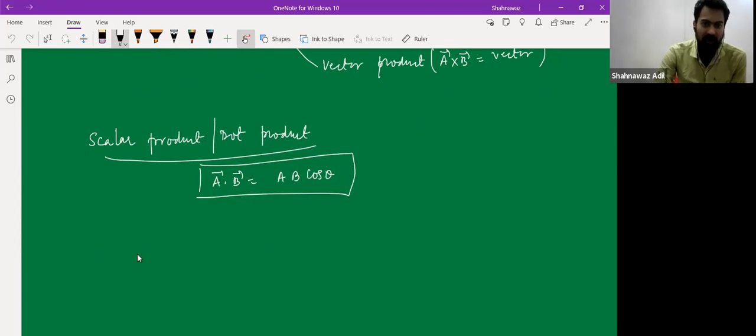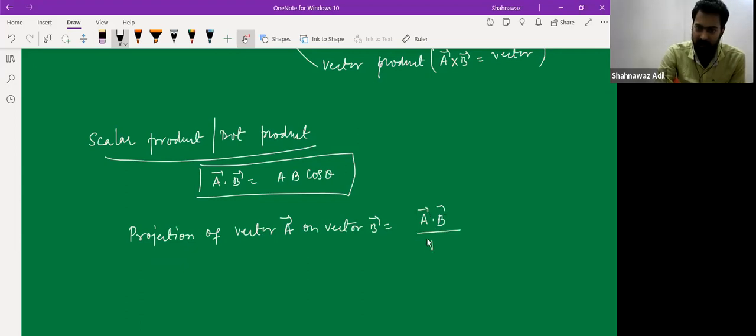One more thing is the projection. The projection of vector A on vector B is defined like this. And the projection of vector B on vector A would be what?